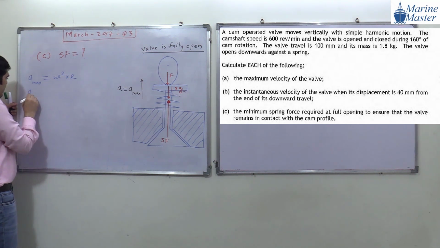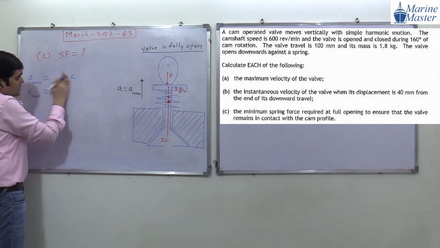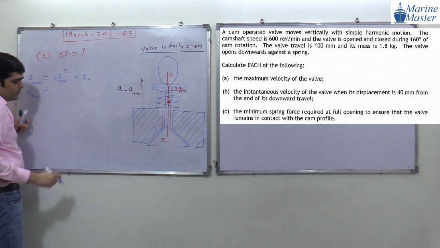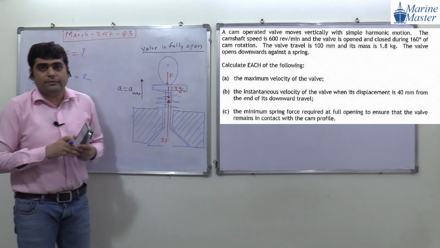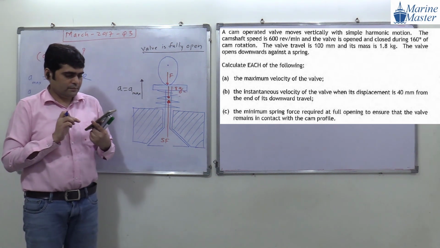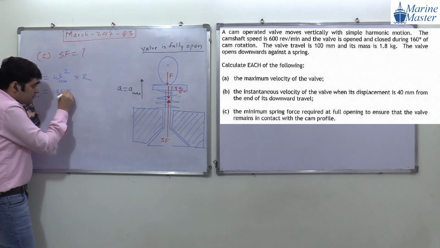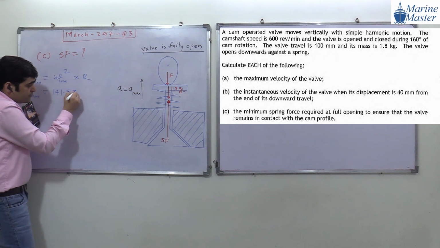What is the value of omega square, everyone? Which omega will we consider here? Omega SHM. How much is omega? 141.5131.